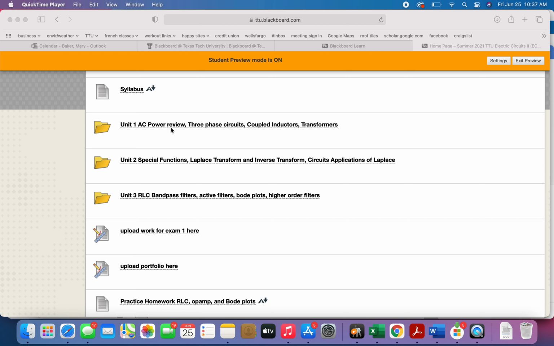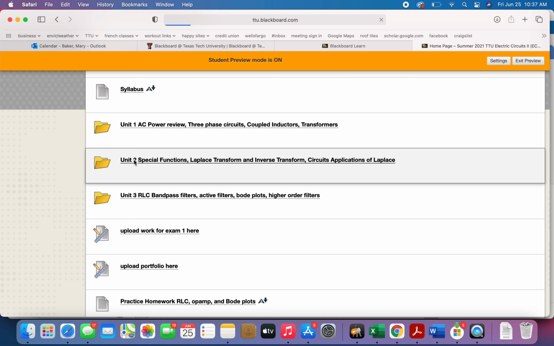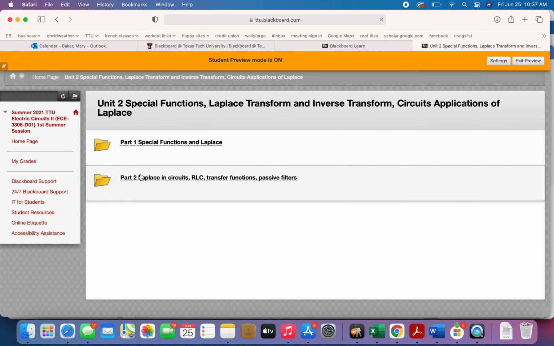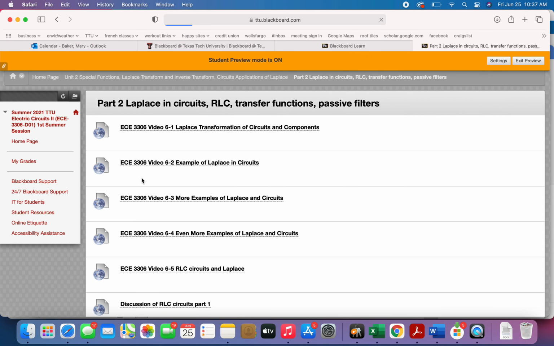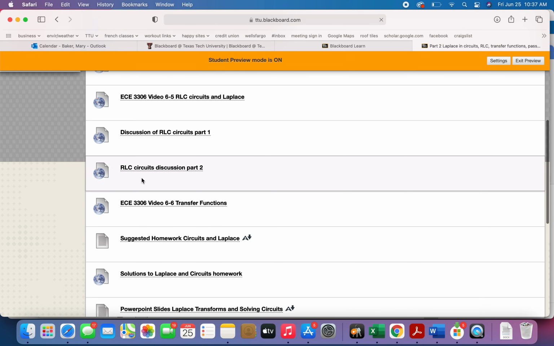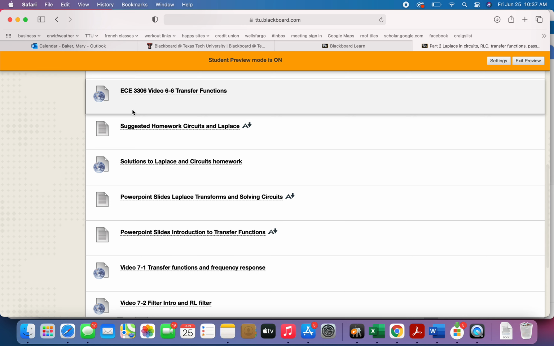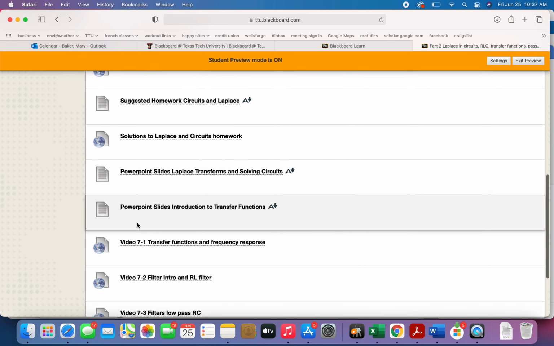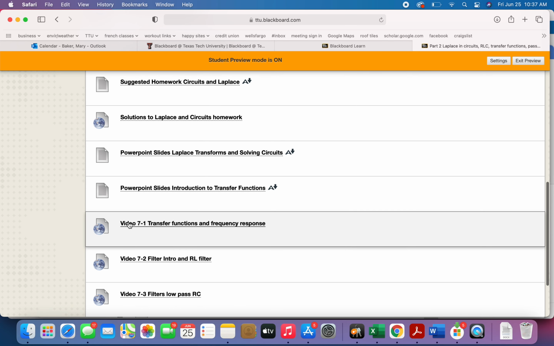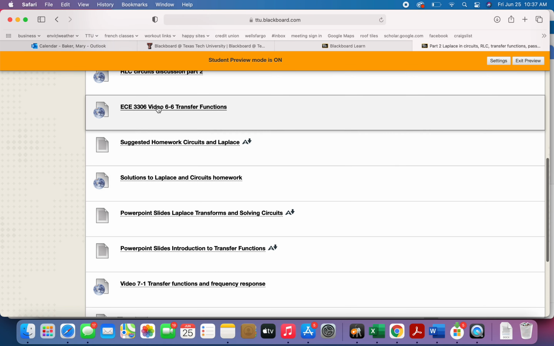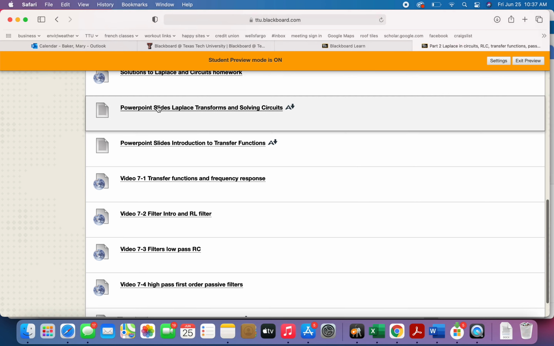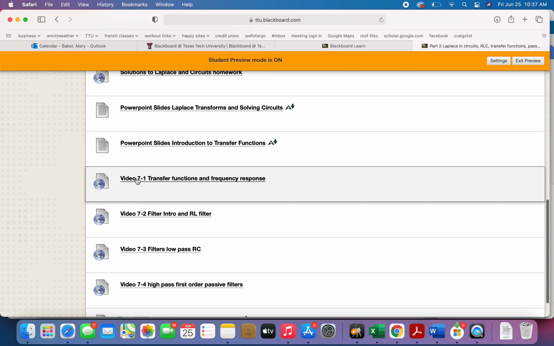As you know, this is divided into 3 units. You recently had an exam on the majority of the material in Unit 2. Where we stopped with that exam was the whole transfer function, really video 7.1, maybe a little bit of 6.6, where we discussed the concept of transfer functions.